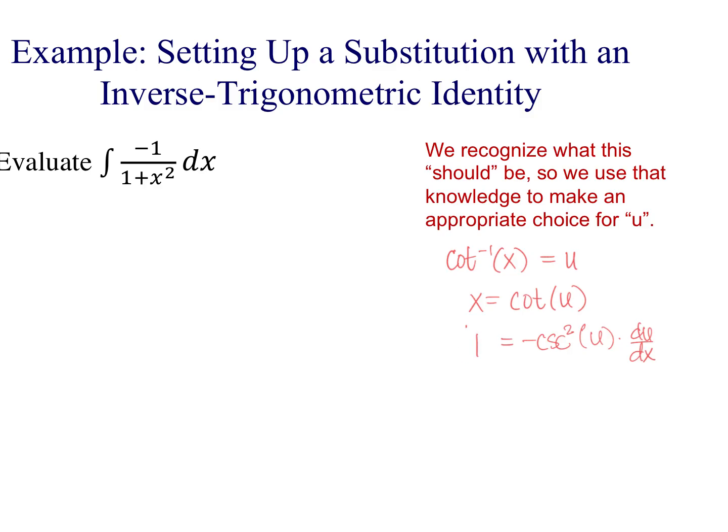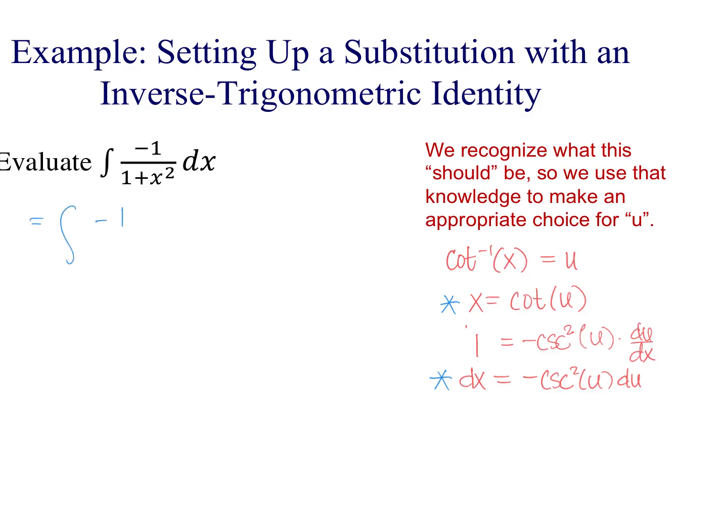And then I get the remaining dx by itself. So dx is equal to negative cosecant squared of u du. Once I'm done with that, I'm ready to go back and back substitute these two things. I put blue stars by them. I'll be back substituting cotangent of u for x, and negative cosecant squared of u du for dx.